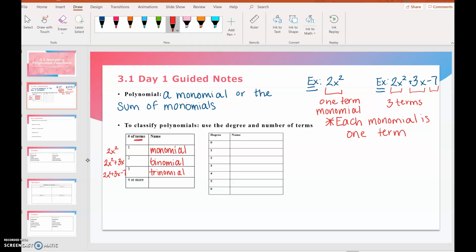And then when we have 4 or more, we just say polynomial with blank terms, however many there are. So this answer here would go right here.